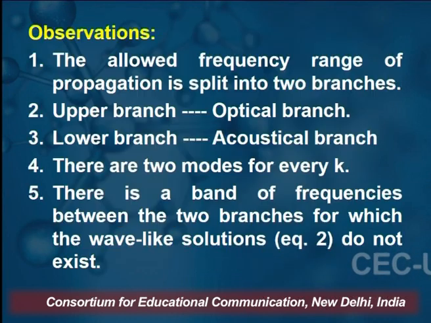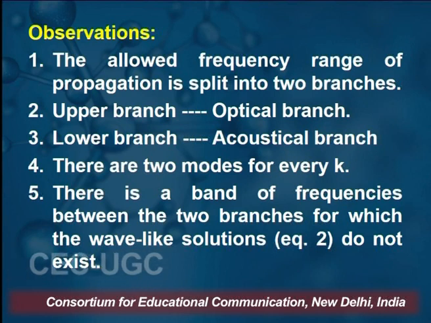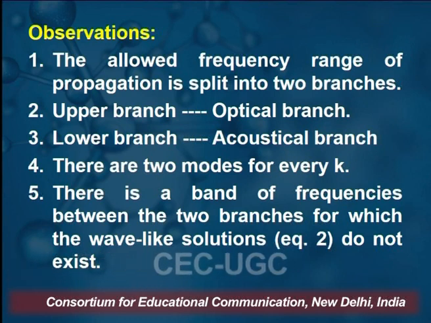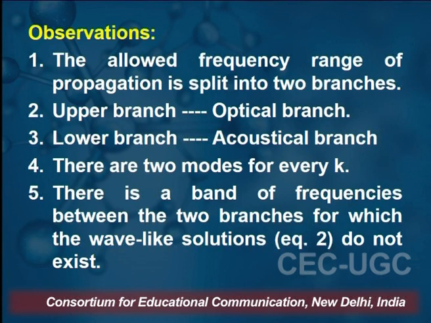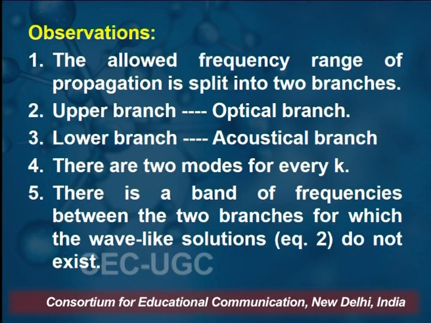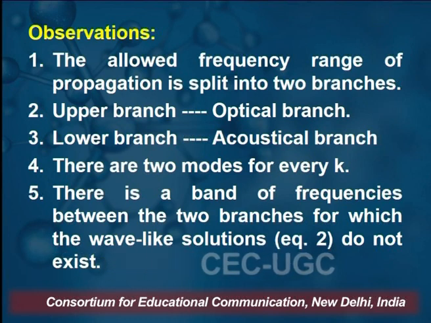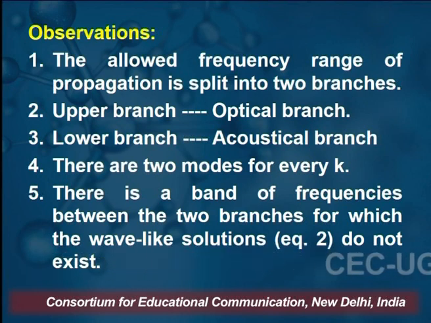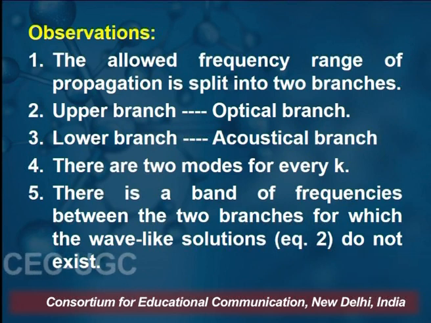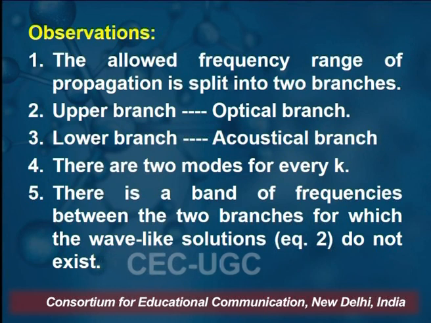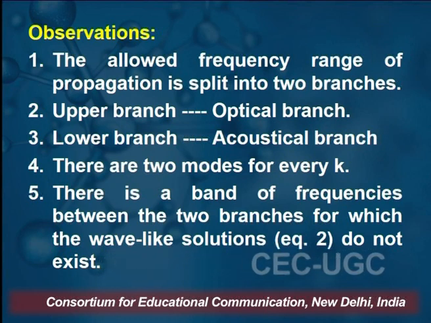That means the allowed frequency range of propagation is split up into two branches. The upper branch, the plot of omega plus, is called the optical branch, and the lower branch, the plot of omega minus, is called the acoustical branch. That means there are two modes for every value of k, two possible values of omega for every value of k.